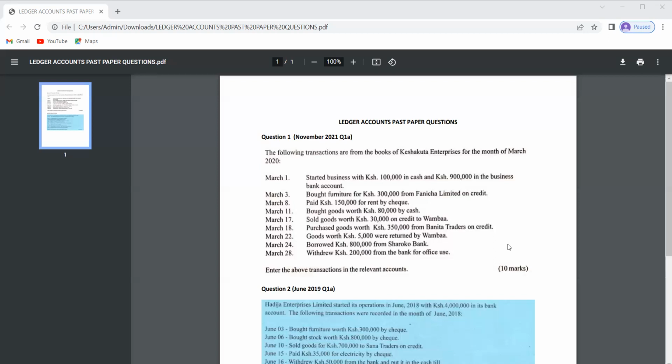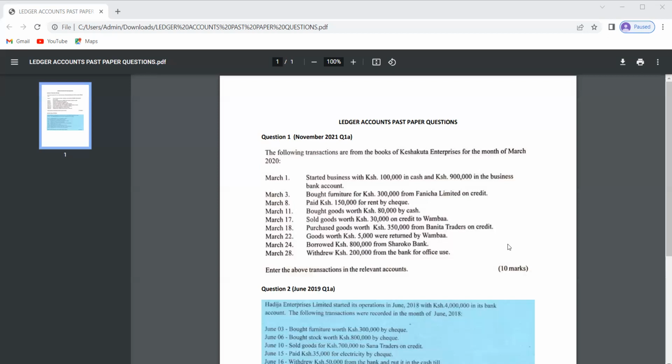And then we open a cash account and a bank account. You are on track. Continue. On the cash account, we debit 100,000, and on the bank account, we debit 900,000.